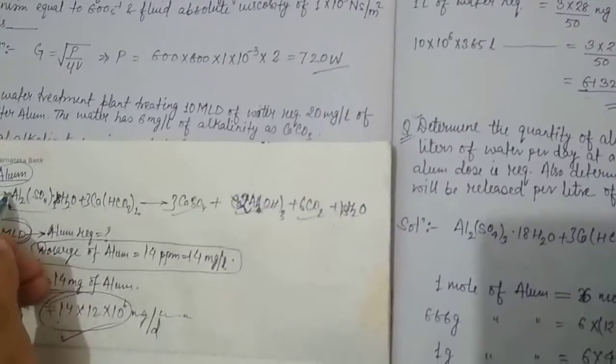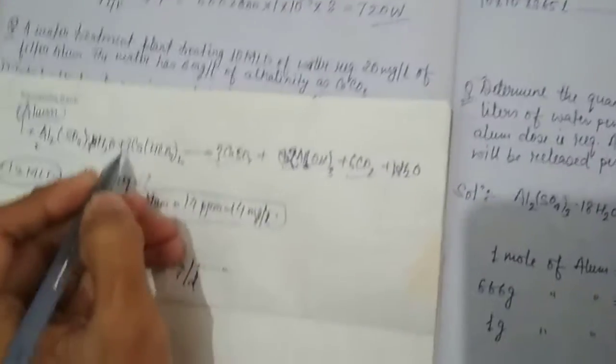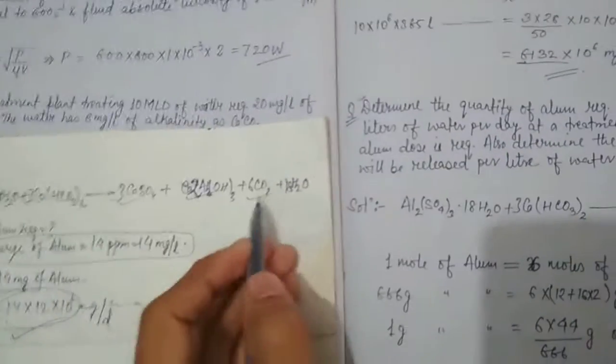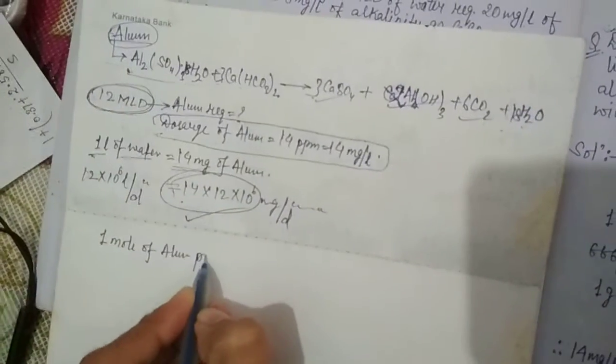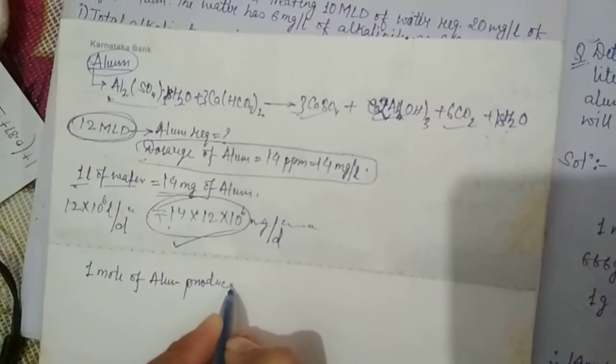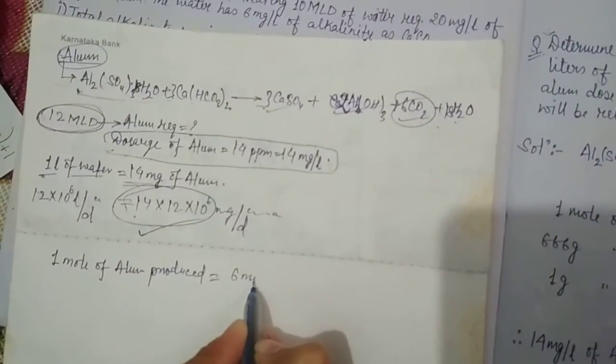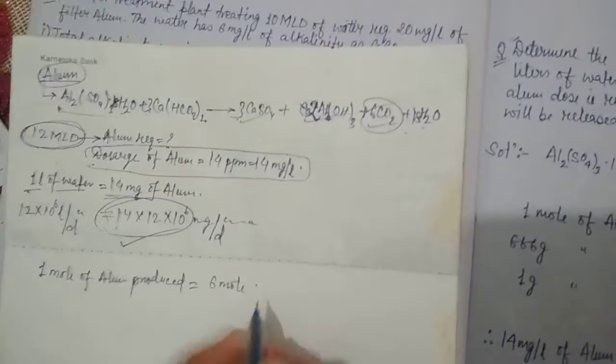Here there is only one, no coefficient, then coefficient 3 means 3 moles, 2 means 2 moles, 6 moles, 18 moles. So 1 mole of alum produces how much carbon dioxide? 3 moles.